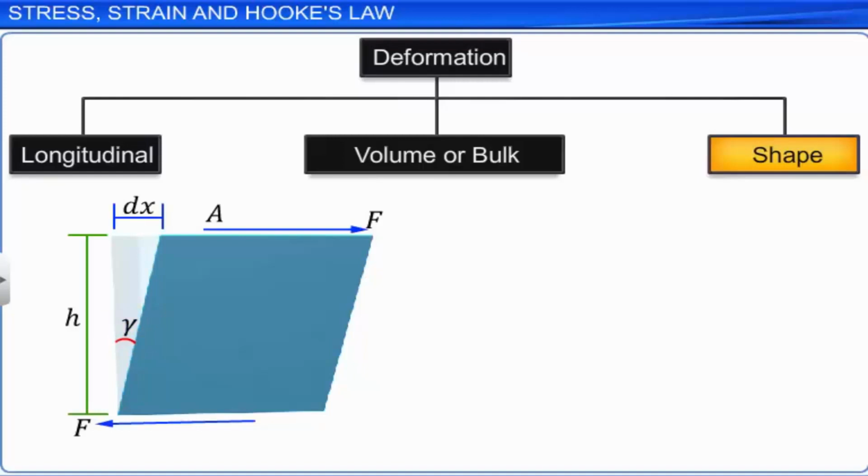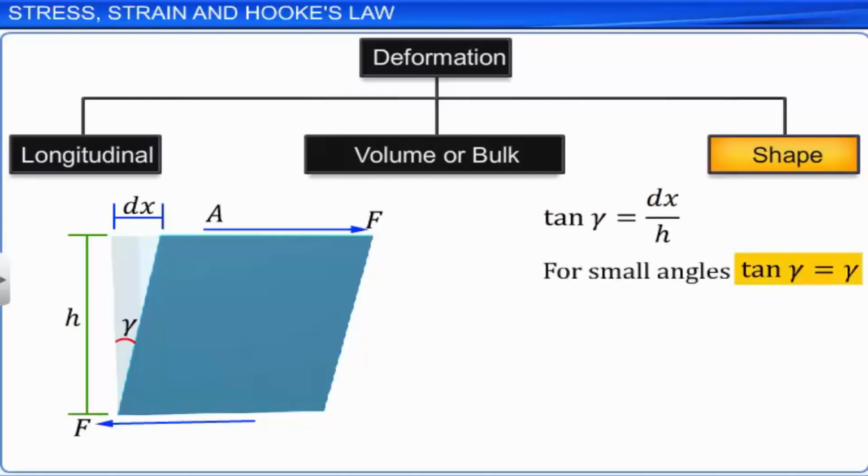Robert Hooke found that for most materials, for small values of strain, the stress is directly proportional to the strain. Thus, we have stress equal to K times strain, where K is the constant of proportionality called the elastic modulus of the material.